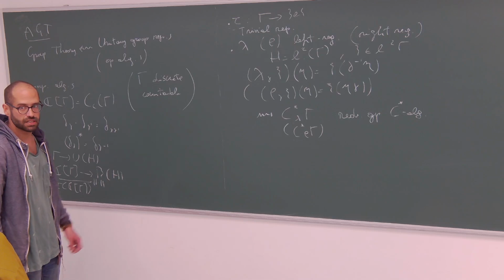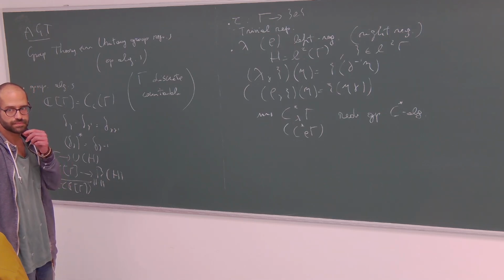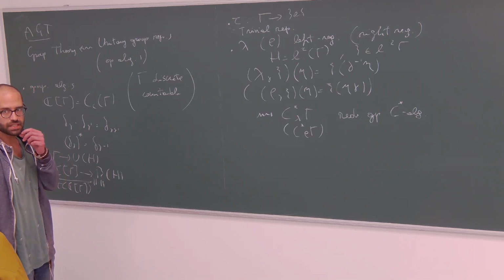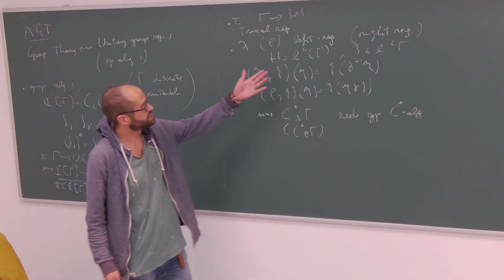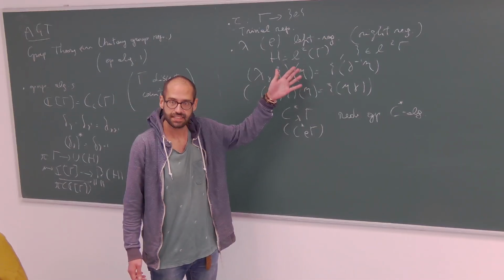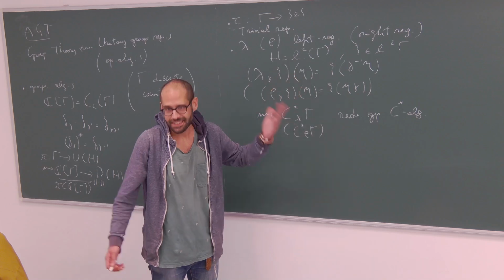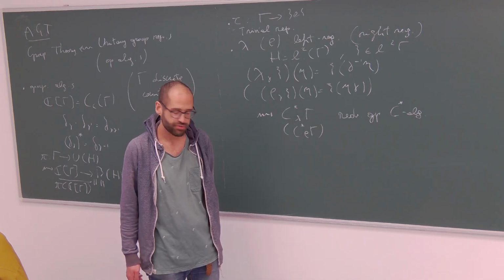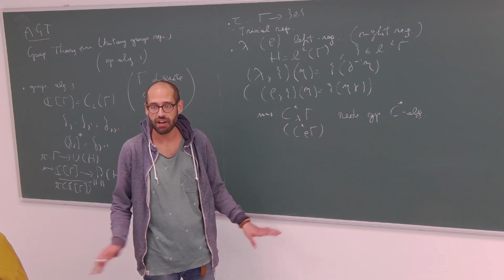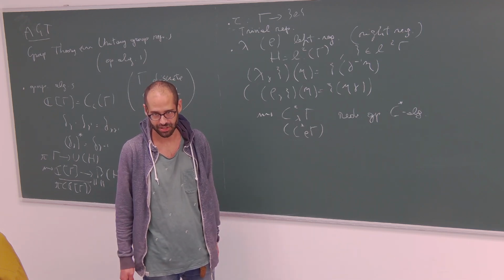What happens if you try to do this for a group which is not locally compact? What fails? The problem is that you don't have the Haar measure, so you cannot define this. Locally compact is equivalent to the fact that you have Haar measure.